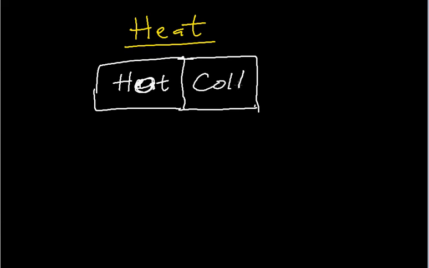To know that heat exists in a body, one of the ways to measure the existence of heat in a body is the fact that when you bring that body in contact with a cold body, there's going to be a transfer.